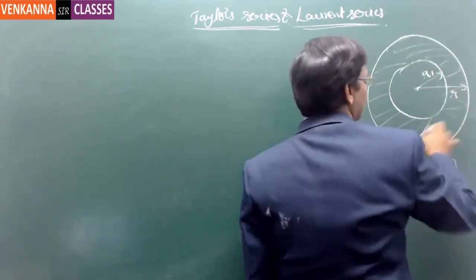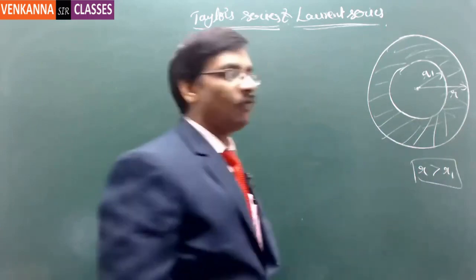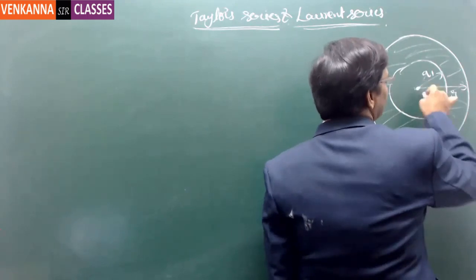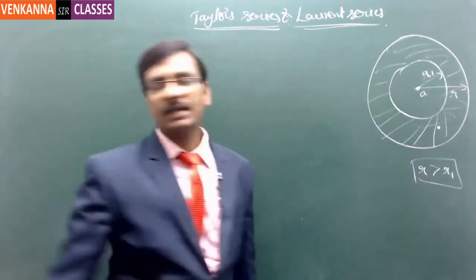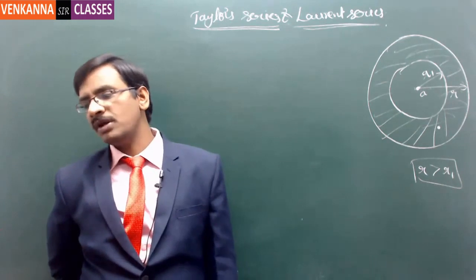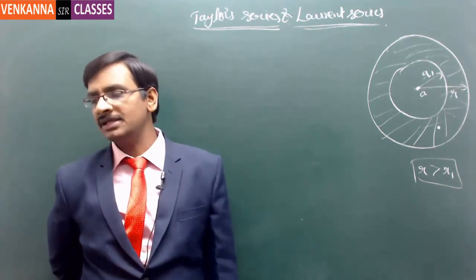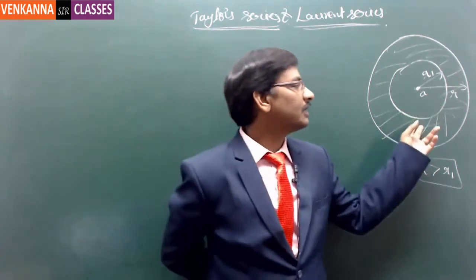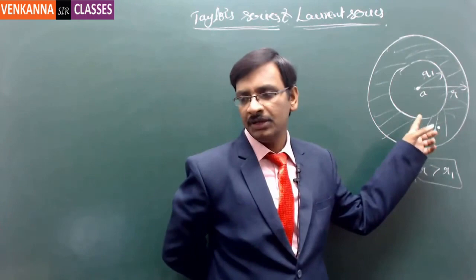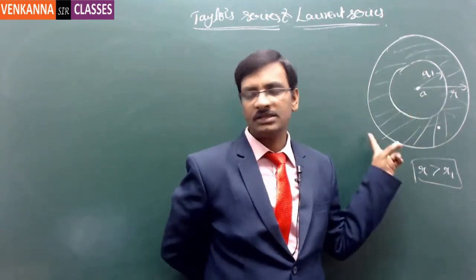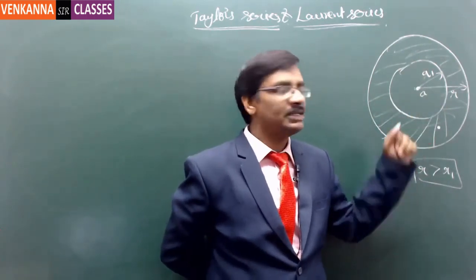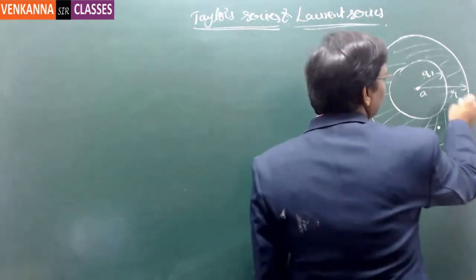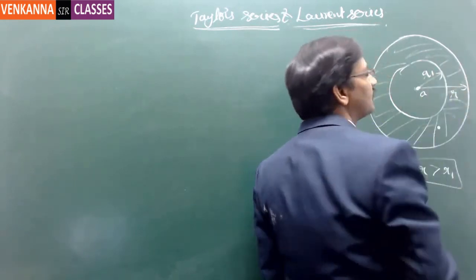Now within this region, if the function is analytic, then for any random z located within this region, this is the z and this is A. Exactly in the similar manner as earlier, there will be one circle whose center is A and the region of the circle is analytic. Now in this case, the region is bounded between two different circles, one whose radius is R and one whose radius is R1.